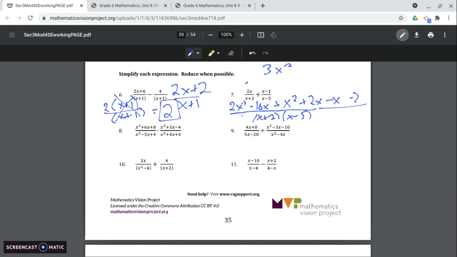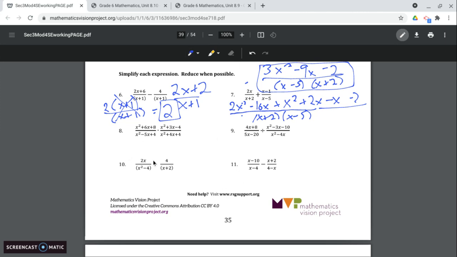Negative 10x plus 2x is negative 8x, minus 1x will give us negative 9x, and then minus 2 all over x minus 5 times x plus 2.